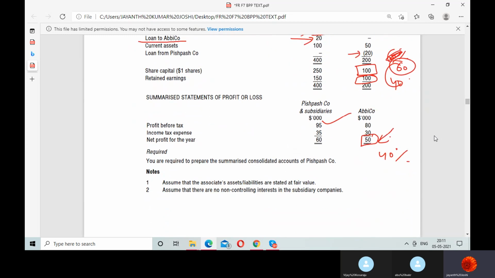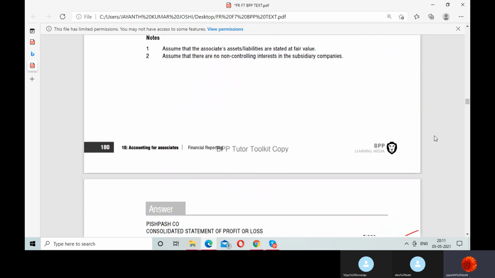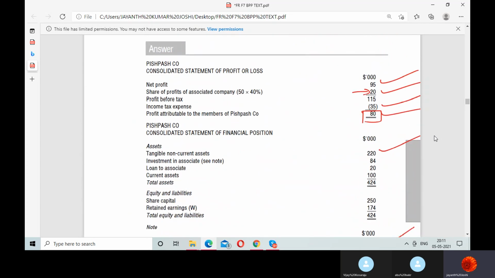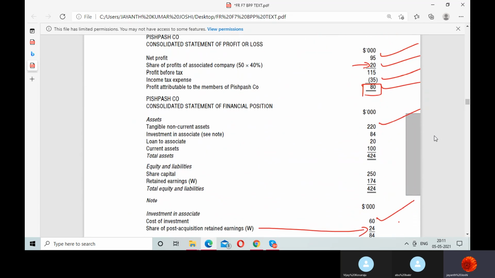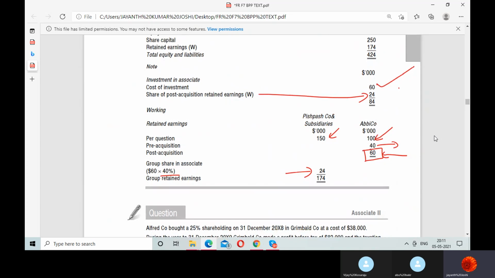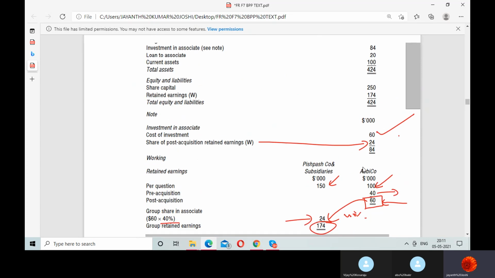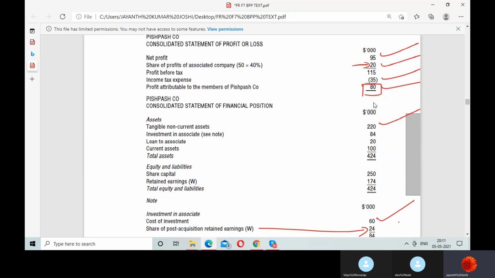They have not given anything, no year, nothing. Just they gave the group's retained earnings is this much after getting the share. Okay, 40% of that. And the share, whatever they have calculated, 20 would go into the retained earnings.